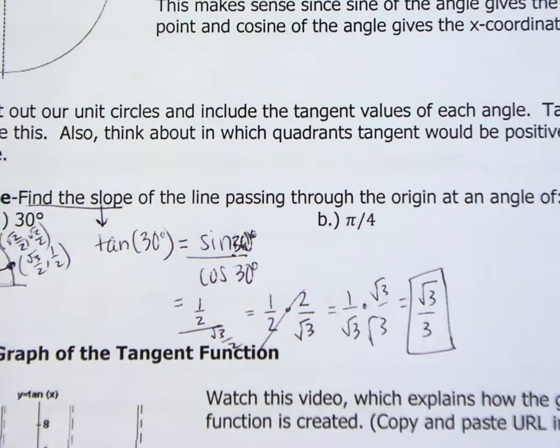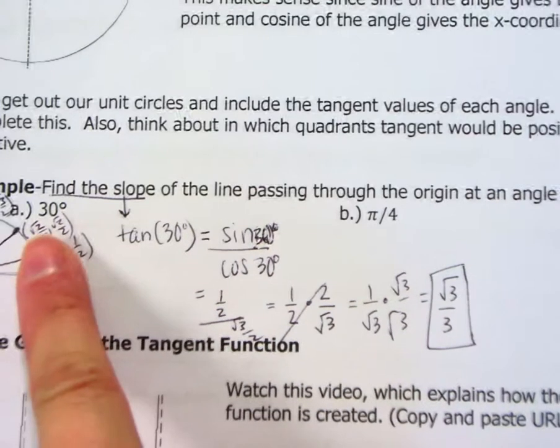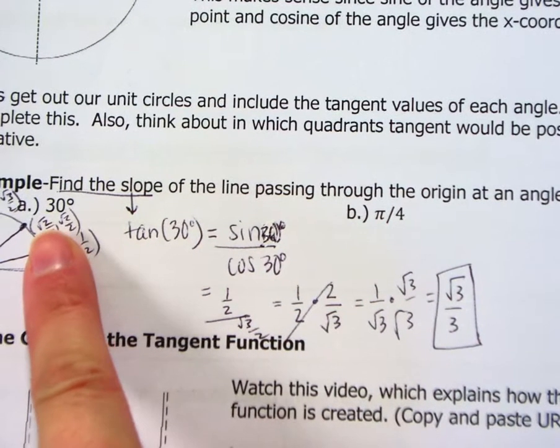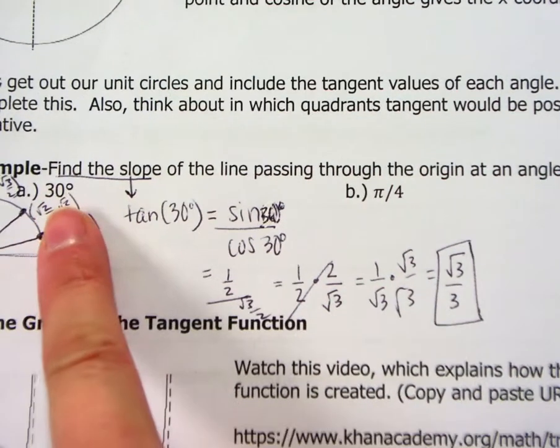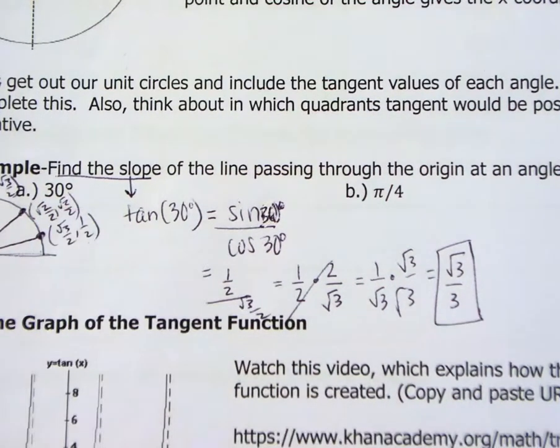This usually comes up: exact values versus decimal approximations. Any of those angles that are on your unit circle, I expect an exact value. If I asked the slope of the line through 22 degrees, you're going to have to approximate, okay? But if you're asked for any of those special angles on your unit circle, exact values, okay?